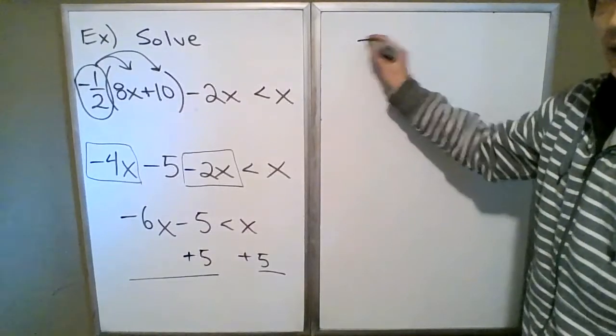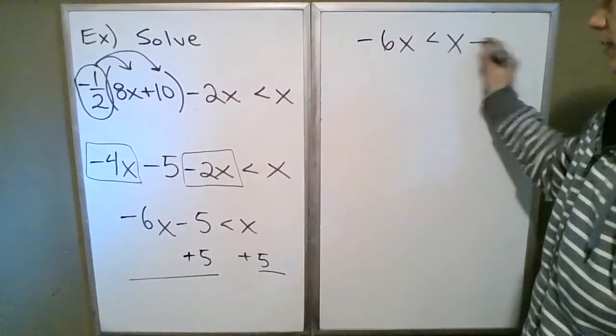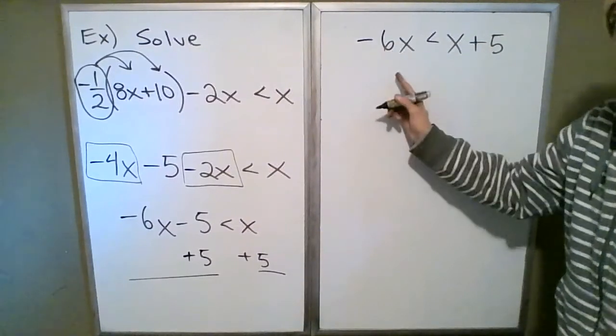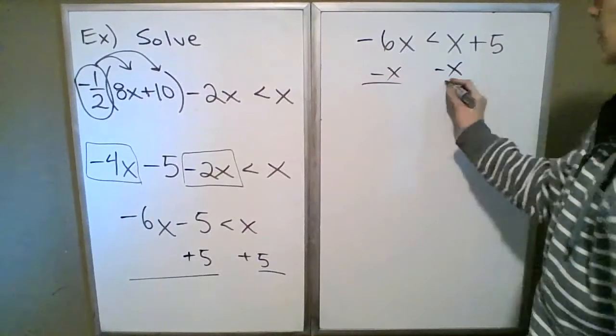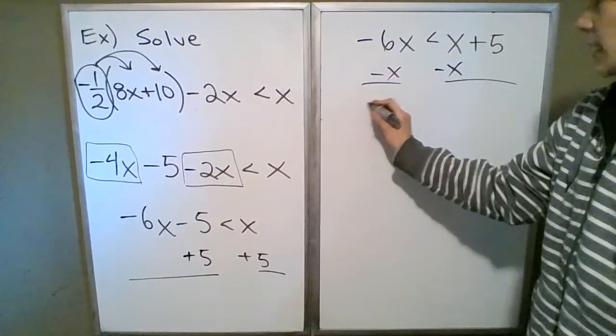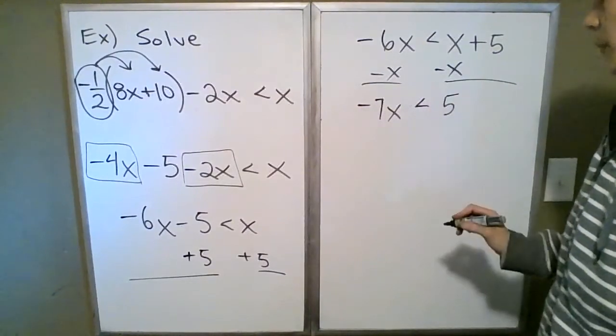So we have negative 6x is less than x plus 5. And I subtracted x from each side to get just one value of that variable. Negative 7x less than 5.